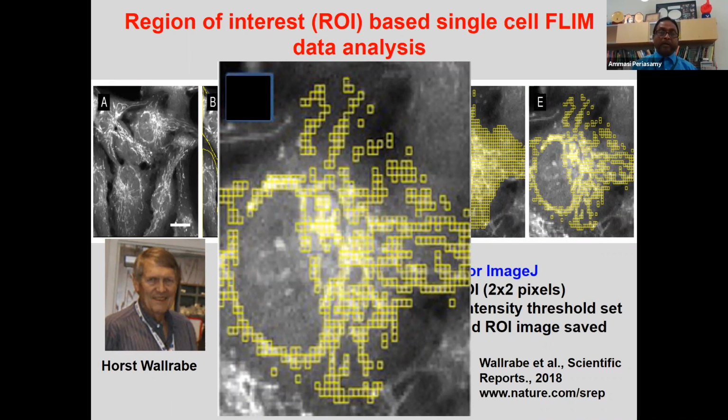Glycolysis takes place in the cytoplasm, and OXPHOS takes place in the mitochondria. So this software allows you to discriminate both, and also to avoid any intensity artifact involved in microscopy imaging.